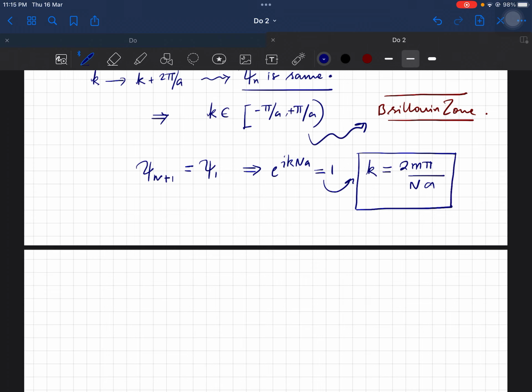This is a very important thing that Tong leaves out. He doesn't talk about it at all, the fact that k is quantized.